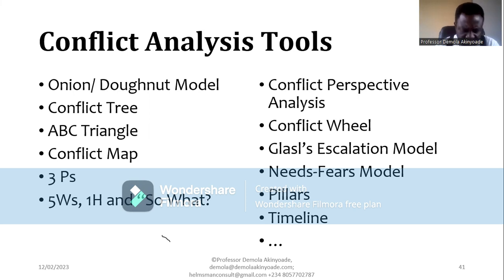I'm trying to check the timetable to be sure that we are still on course. Okay, so we have conflict perspective analysis, that is CPA, conflict wheel, Gnosis escalation model, needs fear model, pillars, and timeline.